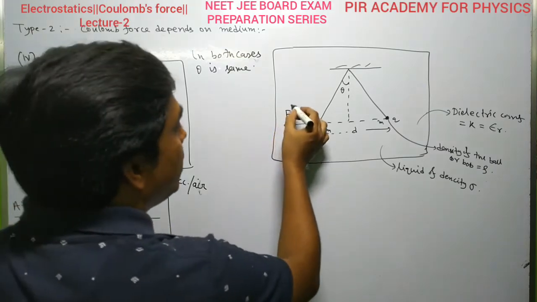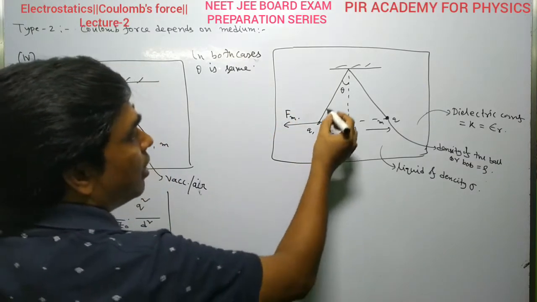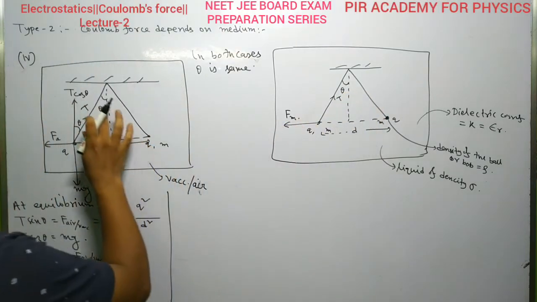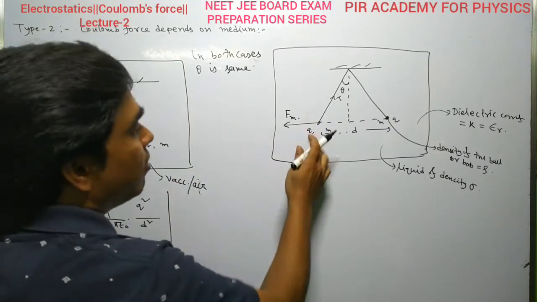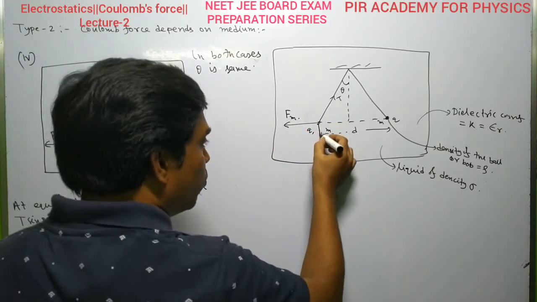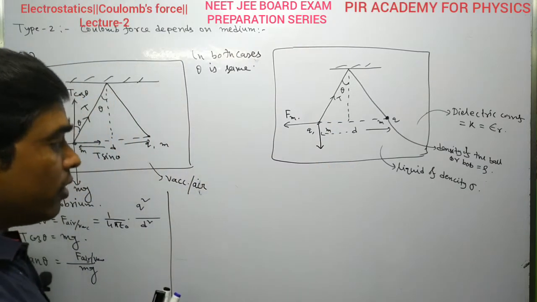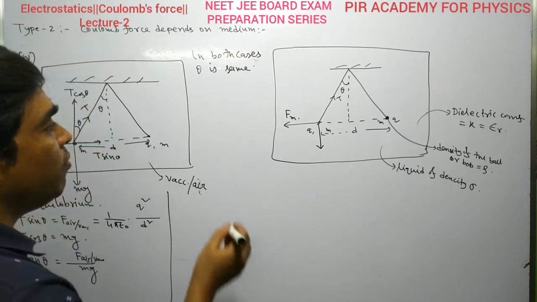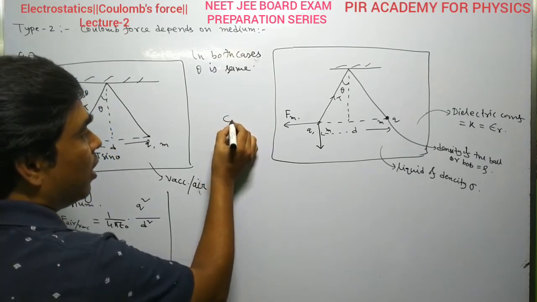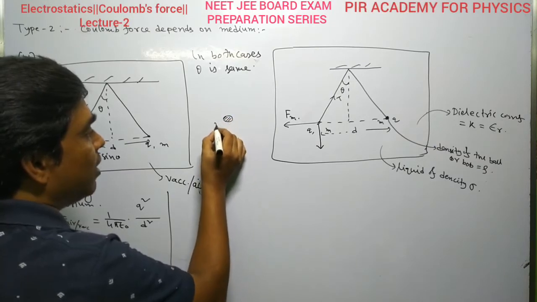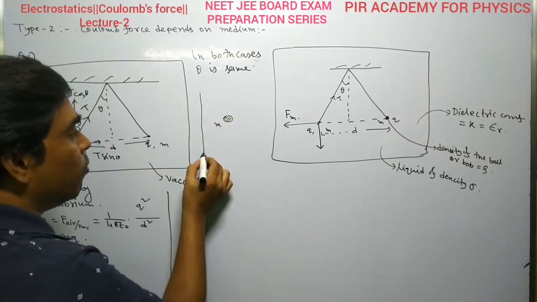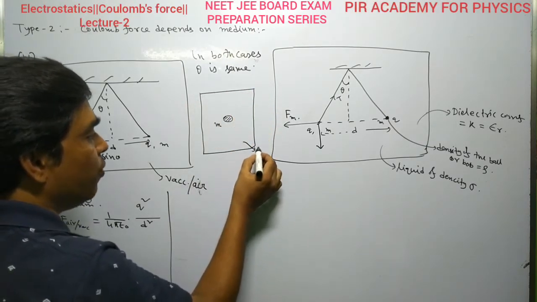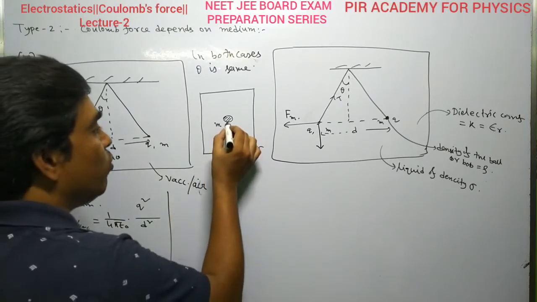Now in the medium, this tension is not equal to the tension T, because there are two forces: mg and another force, the buoyancy. If a mass m bob is immersed in a liquid of density sigma, then there are two forces.